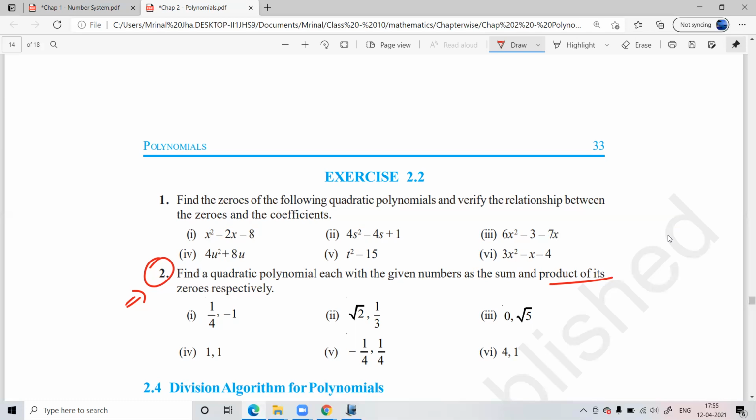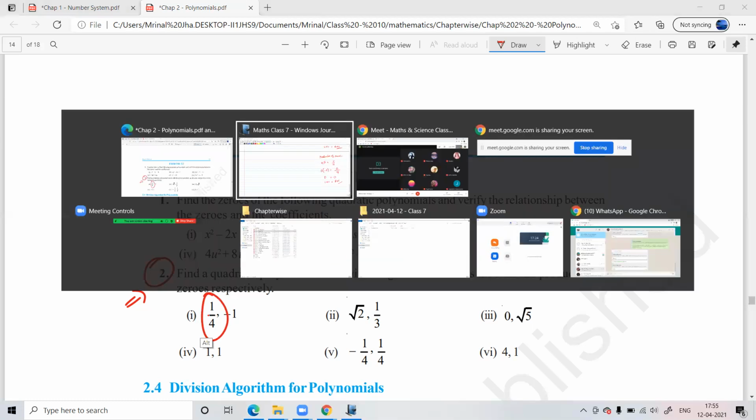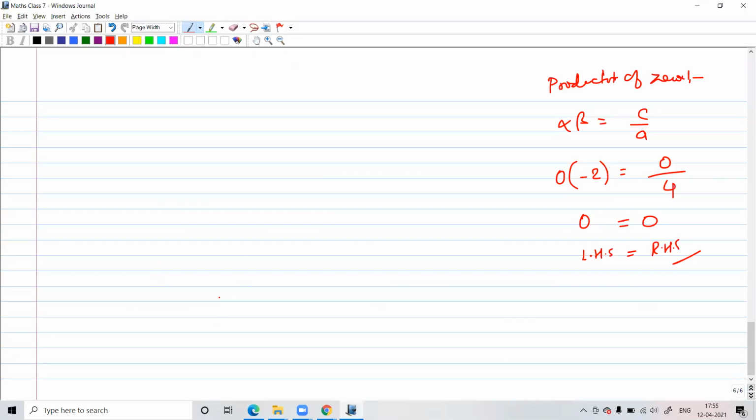They are not alpha and beta directly. The given numbers are the sum and the product of its zeros. So sum of zeros is alpha plus beta, that is given as 1 by 4.